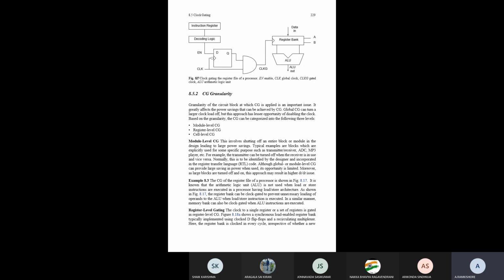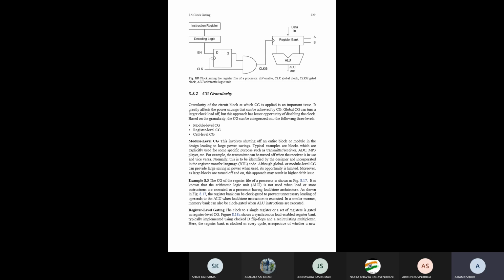Module level CG involves shutting off an entire block or module in the design, leading to large power savings. Module by module, we can save power dissipation, and overall we can control the dynamic power dissipation of the circuit.